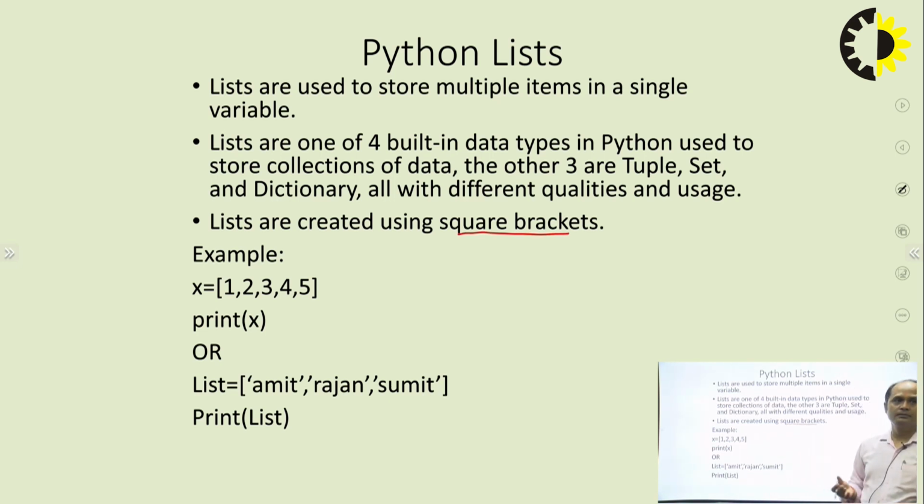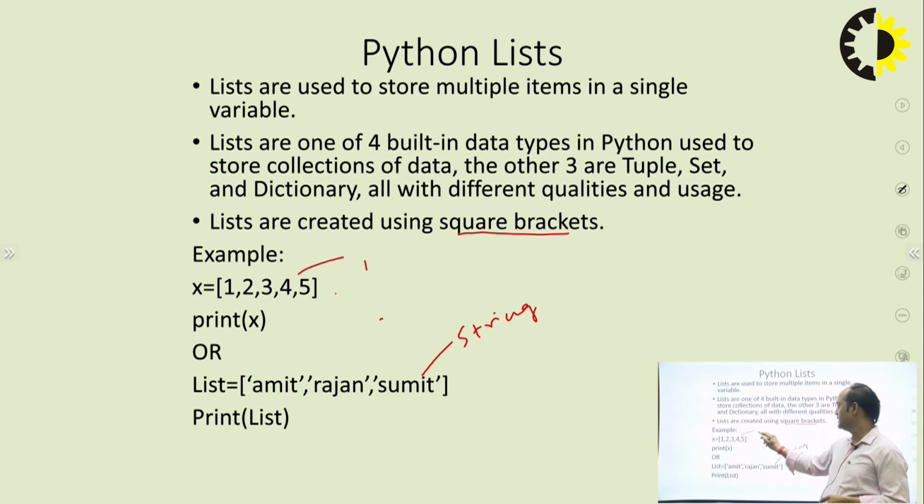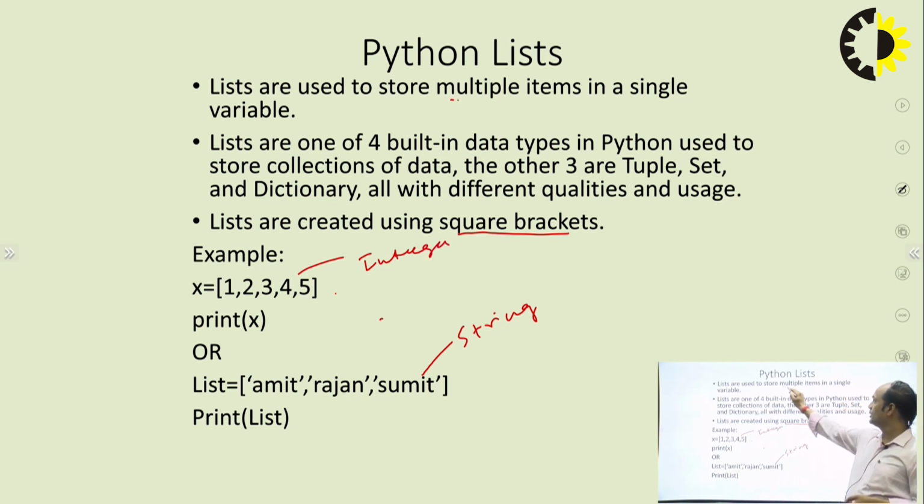If I define a list, we start with the square bracket, like x is equal to 1, 2, 3, 4, 5. This is a list. Then print x, and a list of Amit, Ranjan and Sumit. In the first example we use integers, and in the second we use strings. As already said, lists are used to store multiple items in a single variable.